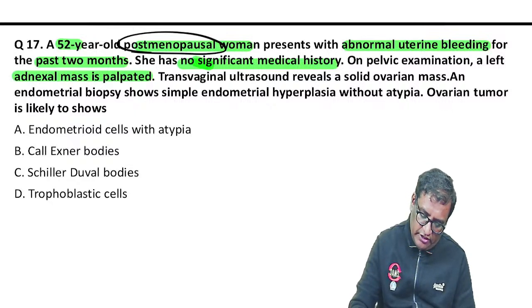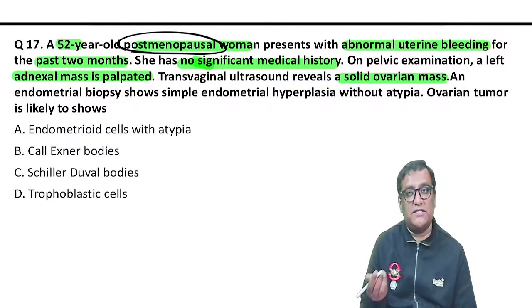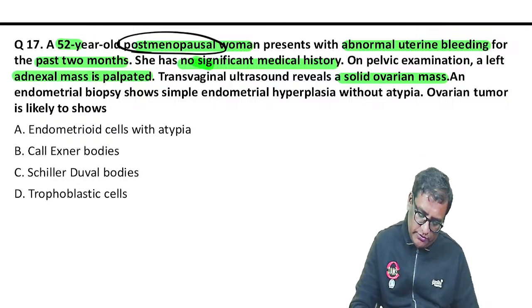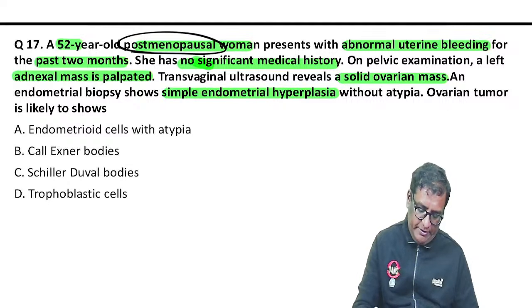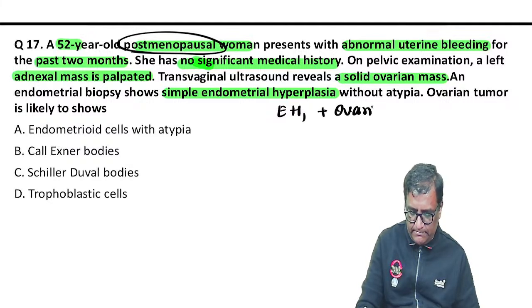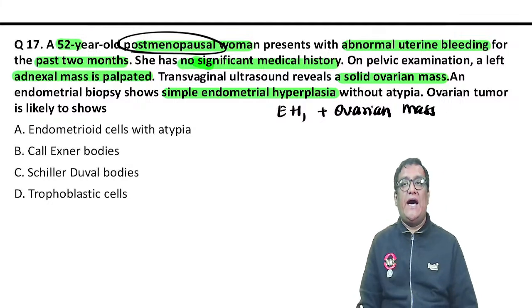Transvaginal ultrasound reveals a solid ovarian mass. So there is an ovarian tumor. And endometrial biopsy shows simple endometrial hyperplasia. So there is endometrial hyperplasia plus there is an ovarian mass, and this is in a postmenopausal woman as well.